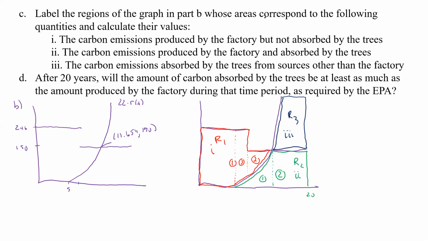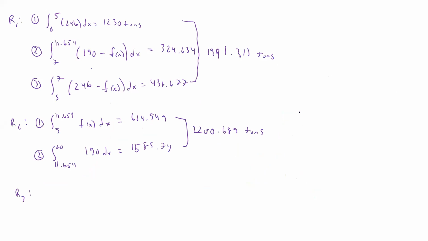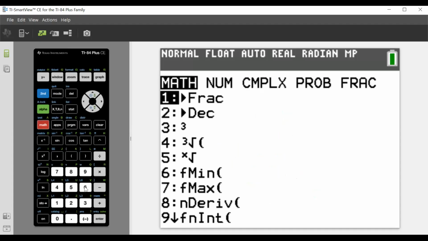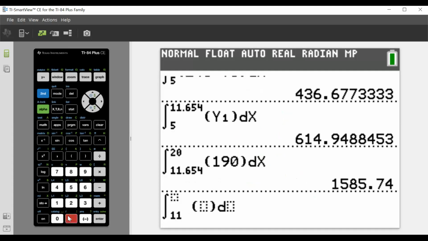We're going to go from 11.654 up to 20, and here we're taking our f of x minus our 190 dx. So in the calculator, math 9, 11.654 up to 20, and alpha trace 1 minus our 190, and then that's an x.